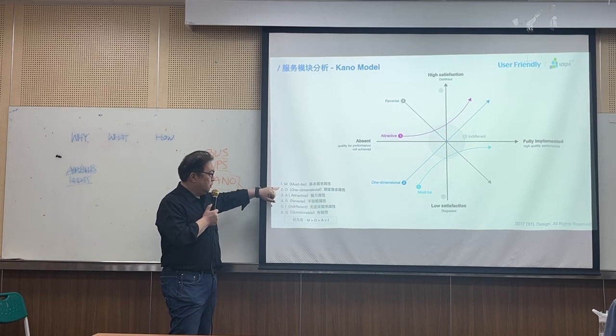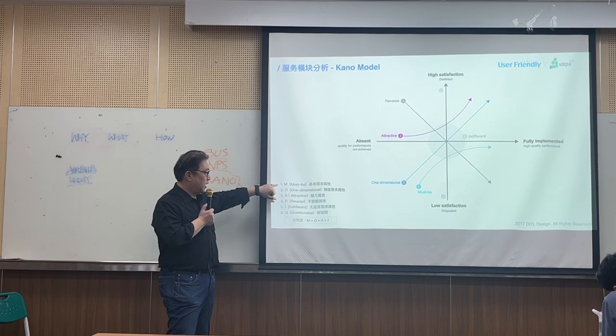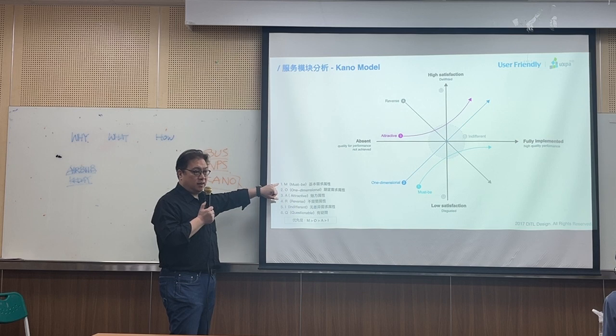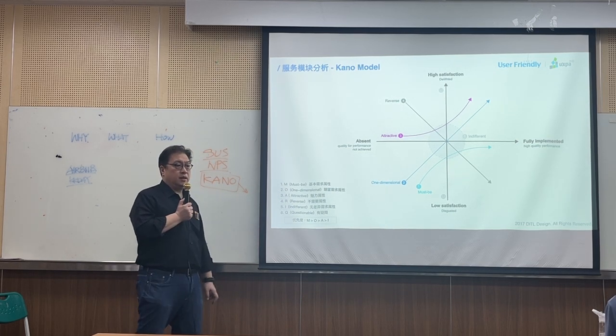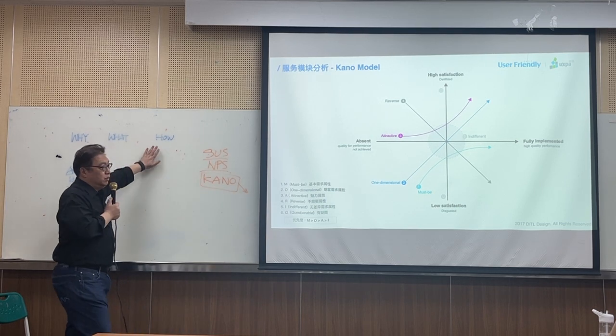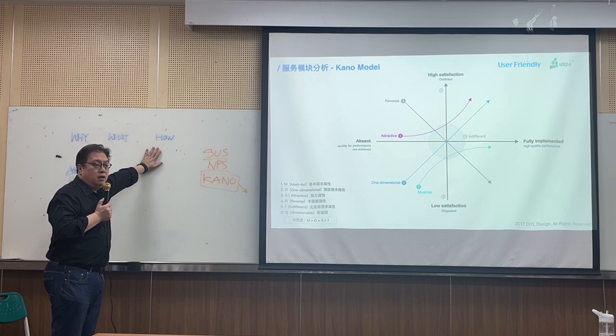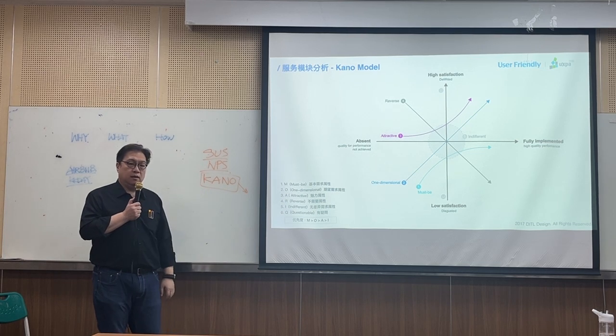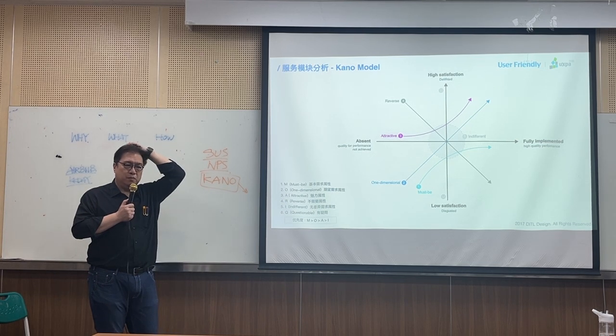If you design this one, I would strongly suggest you think about more innovative ideas, because this is just a basic app function. The second one, one-dimensional, is really good, but you have to think about how to deliver the function in a better way in terms of the current market. And if you have attractive, that's extra, and you have to think about whether people would like to pay for the extra.